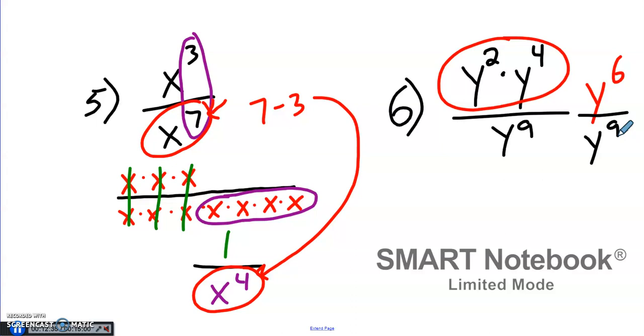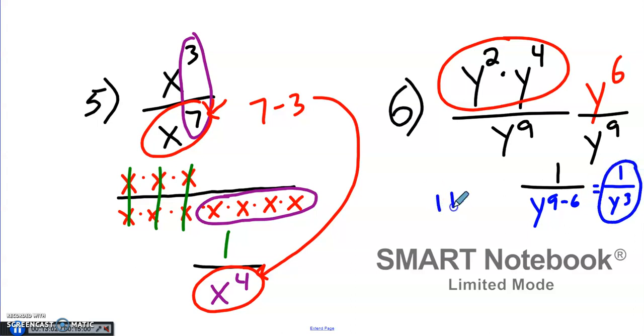We have 6 y's in the numerator and 9 y's in the denominator. Does the numerator or the denominator have more y's? Well, the denominator. So it's going to end up being 1 over y to the 9 minus 6, and we get 1 over y cubed. Awesome job.